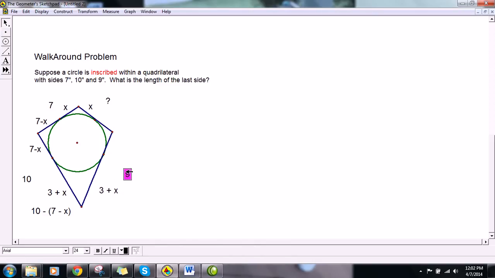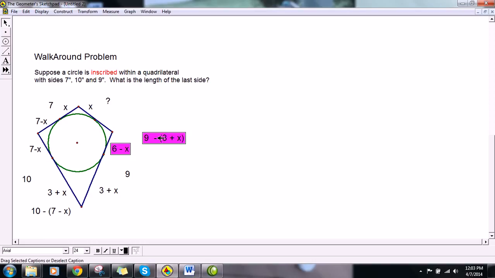And once again, if I know the whole side of the quadrilateral is 9, and I know part of the side is 3 plus x, then the other part is the whole, 9, and I'll write it off to the side, minus the quantity, the part that I know, 3 plus x. All right, and again, when I distribute, it cleans up nicely. You get 9 minus 3, which is 6, minus x, right?